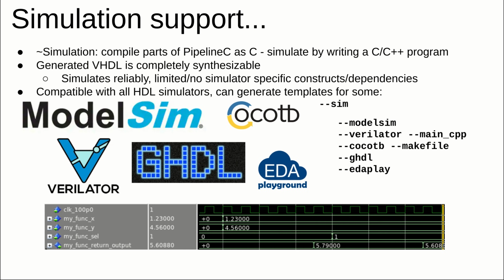It's very easy to get in a situation where you're simulating by writing a C program, and then parts of that C program end up being the hardware description. But of course, the VHDL that comes out of the tool is also completely synthesizable, and so it simulates across all simulators, and it's reliable.